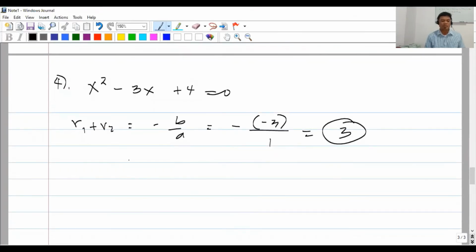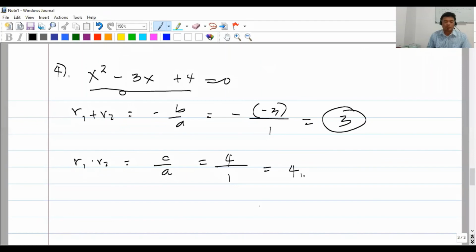So the sum of the roots is 3. Whereas the product, c over a, with c equal to 4 and a equal to 1, is 4.